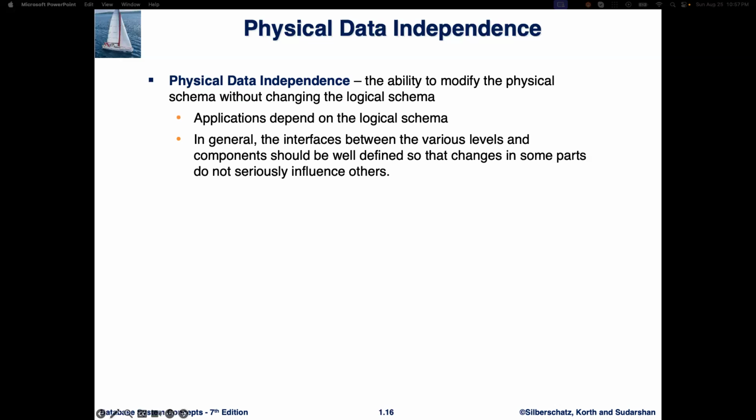Why is physical data independence important? Flexibility in optimization. Physical data independence allows database administrators to optimize storage and performance without disrupting the applications that rely on the data. For example, they can change indexing strategies, move data to a new storage device, or reorganize file structures to improve performance without impacting the users or applications accessing the data.